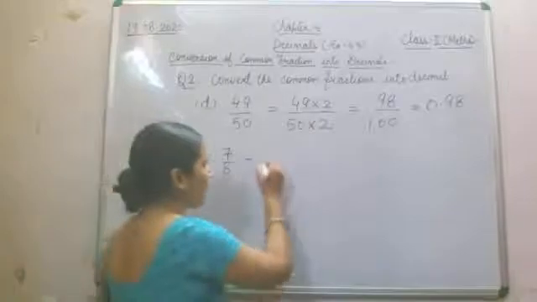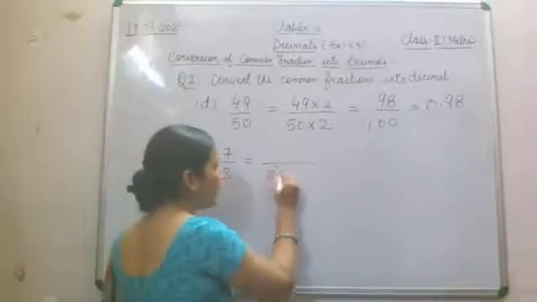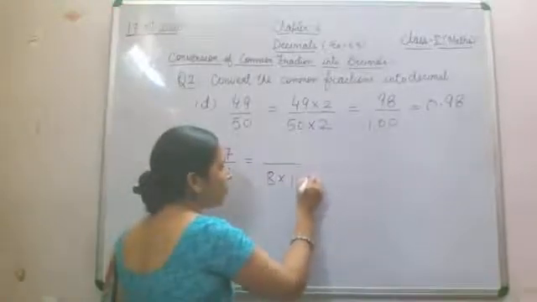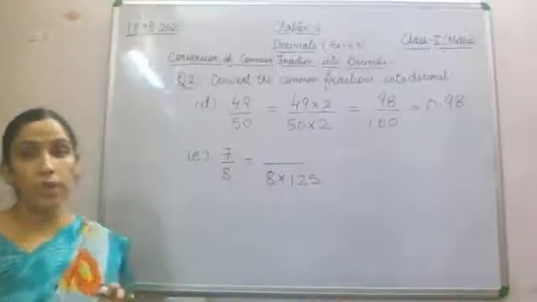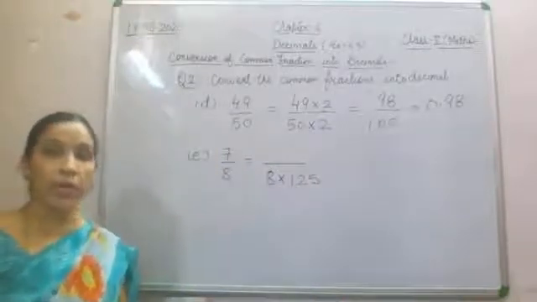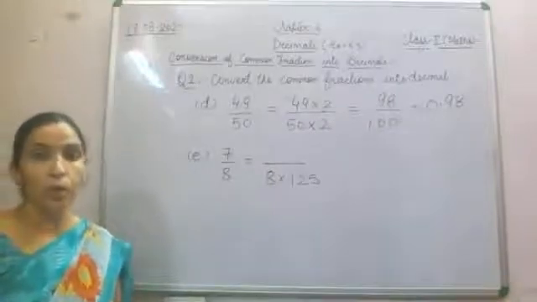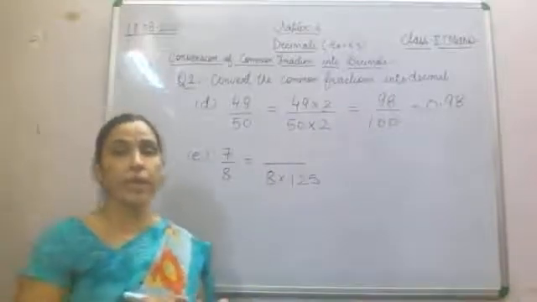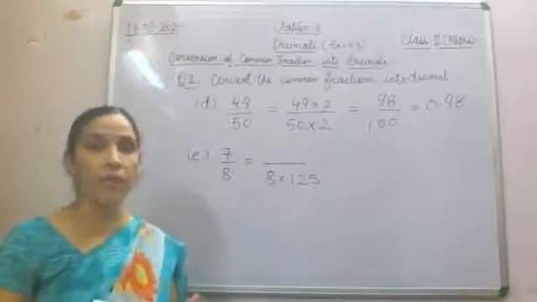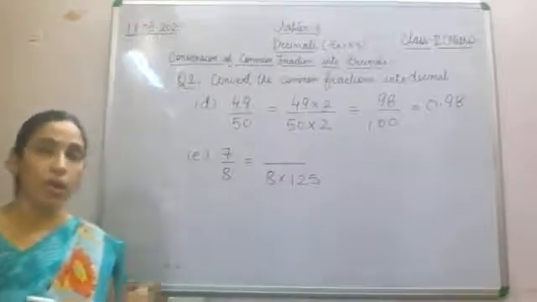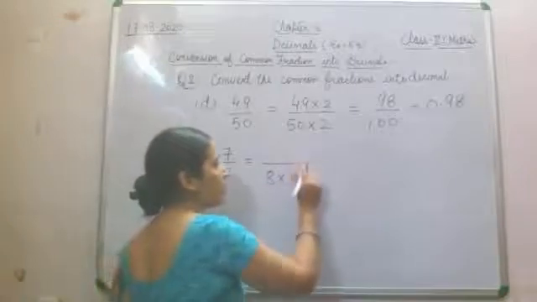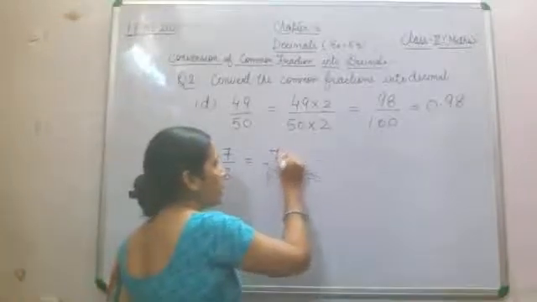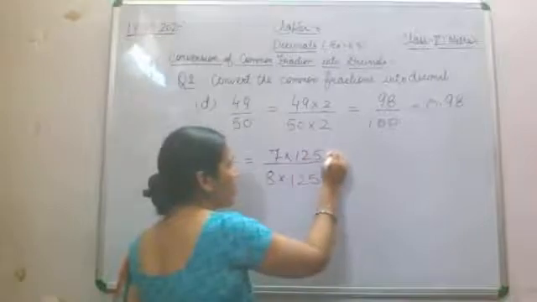Here 8 will be multiplied by 125 so that it converts into 1000, because converting it into 100 is not possible: multiplying 8 by 5 or 25 we get 40 or 400 only. So we will multiply it by 125, and 7 will also be multiplied by 125.